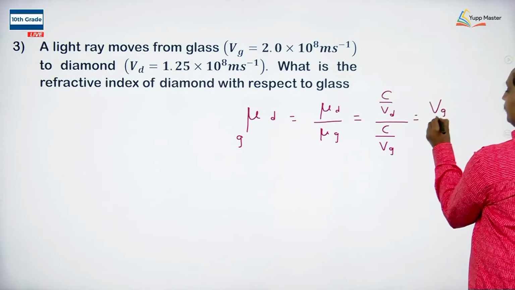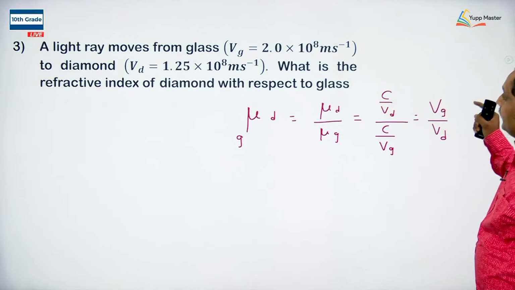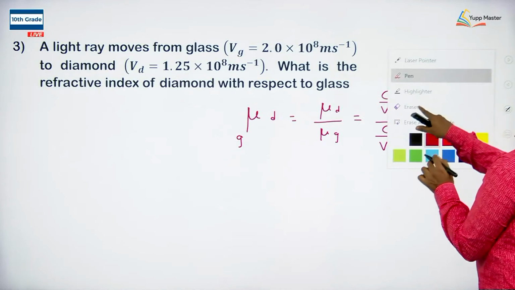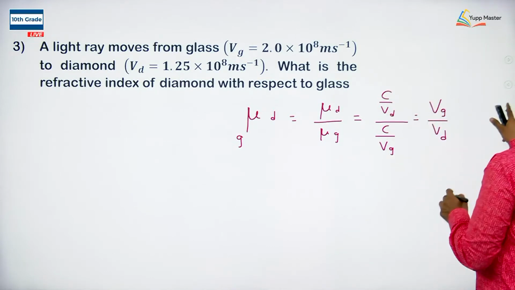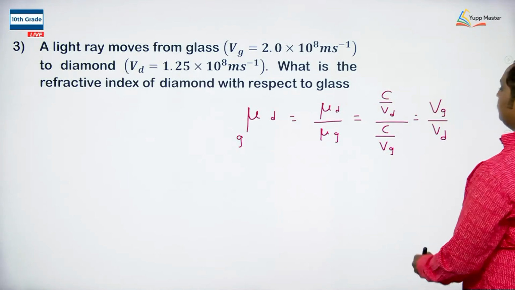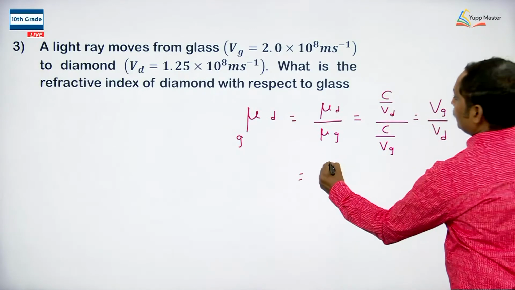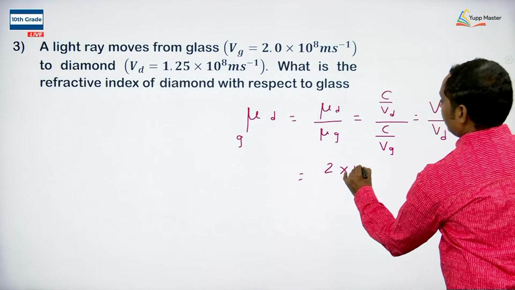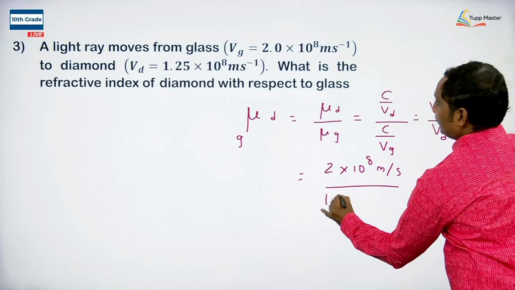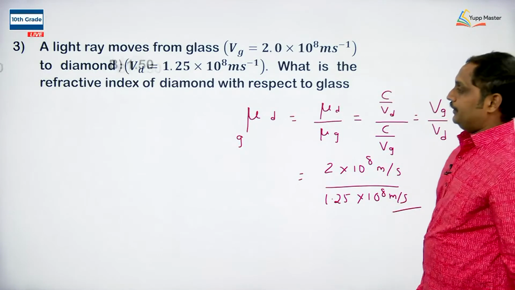Finally, you will get V g by V d. The speed of light is given in glass. You need to calculate V g by V d, that is 2 into 10 power 8 meter per second over 1.25 into 10 to the power of 8 meter per second. You will find that value.